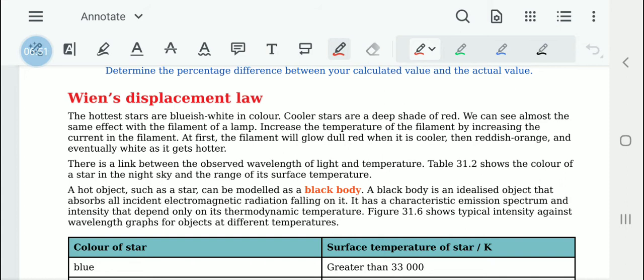If the heat is higher, it will become reddish orange, and with a gas cooker, where the heat is really high, it becomes white as it gets hotter.